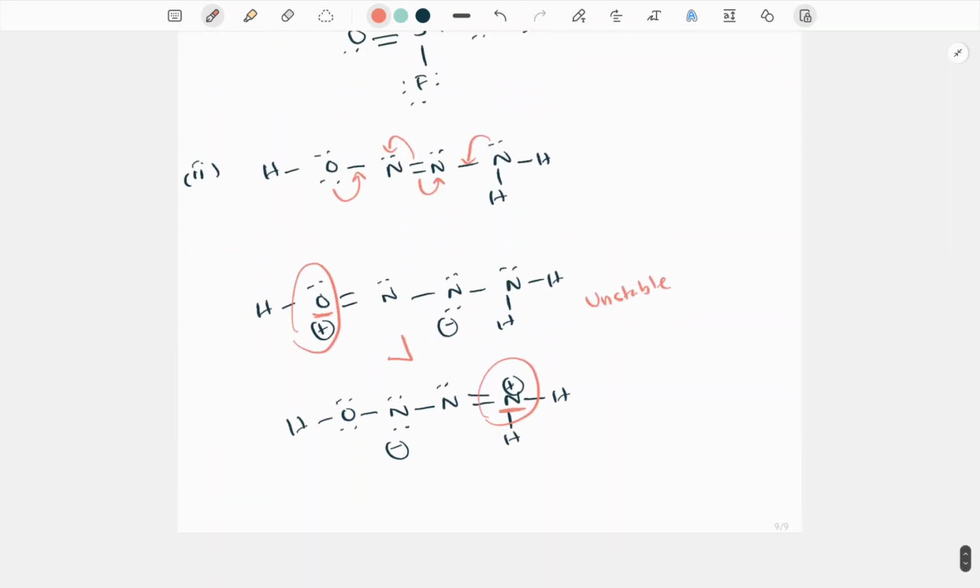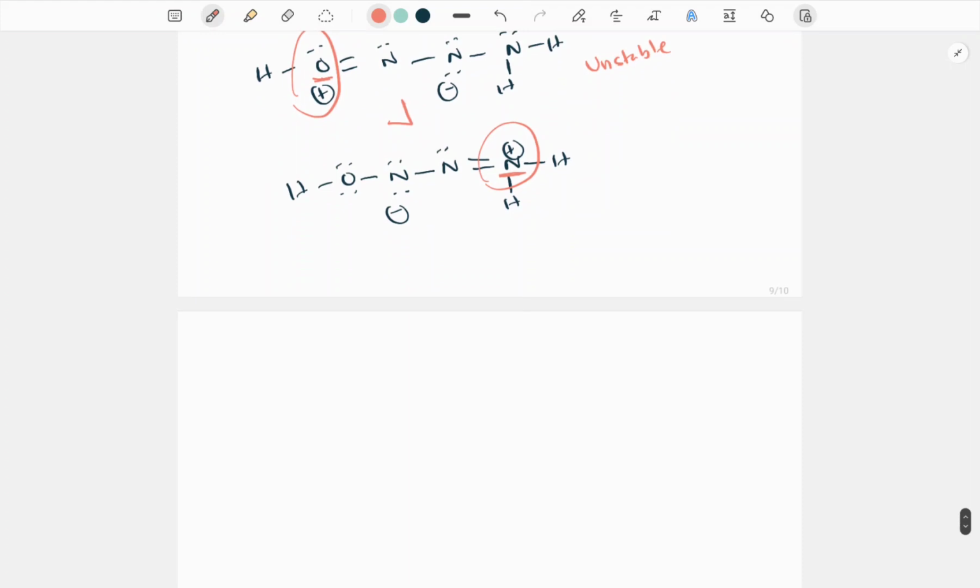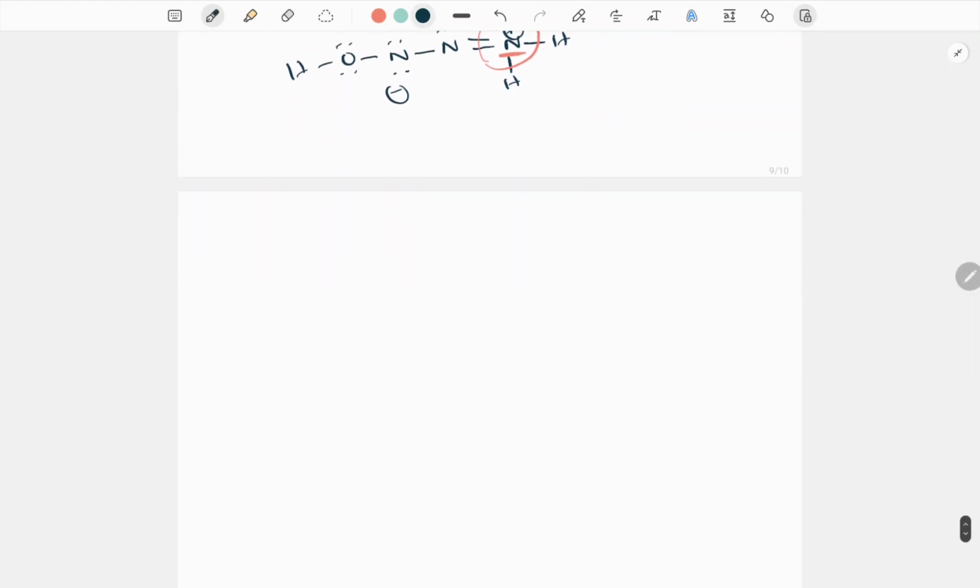Then Roman number 3. Based on the Lewis-dot structure given below, a Lewis-dot structure is provided. What is it?